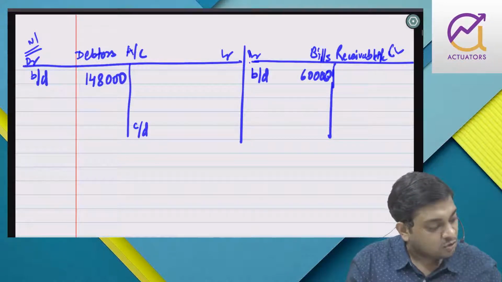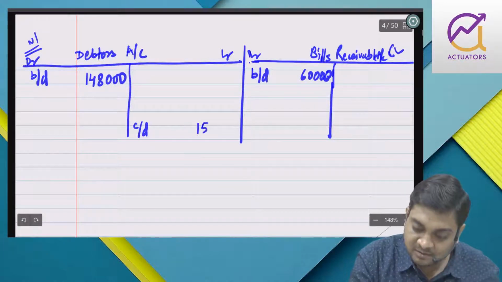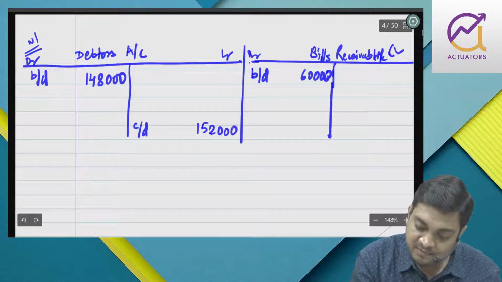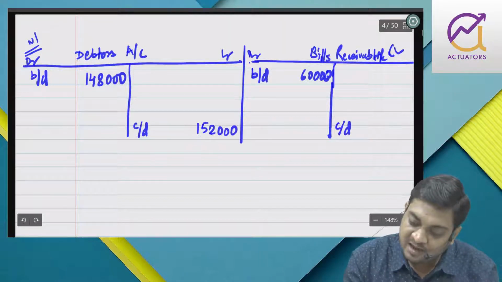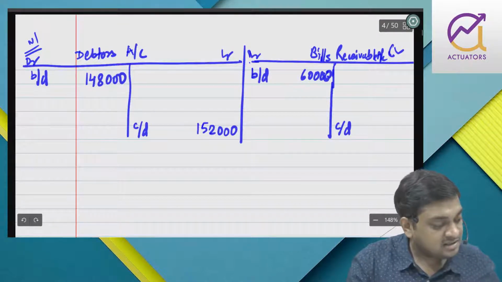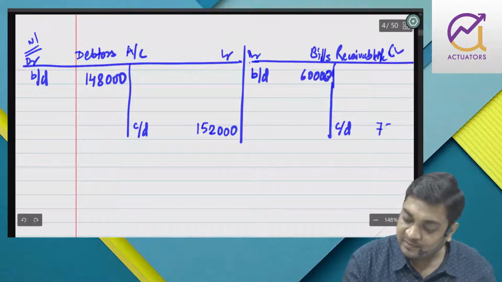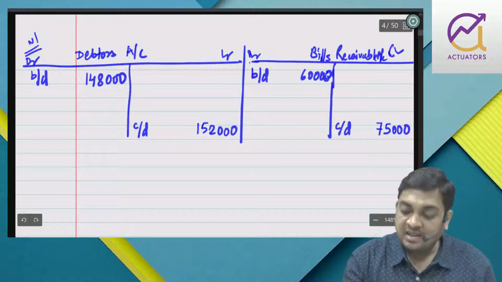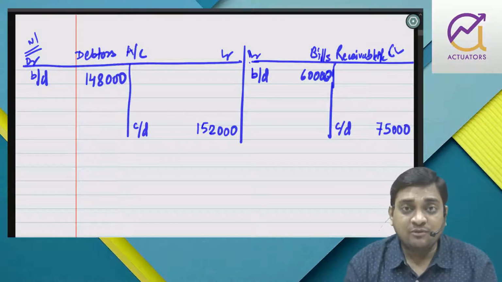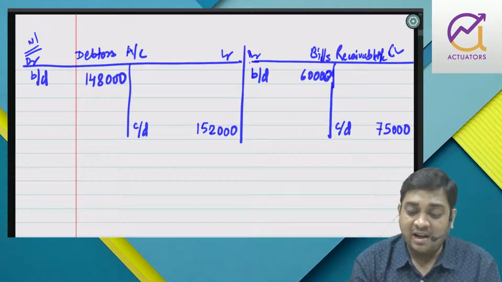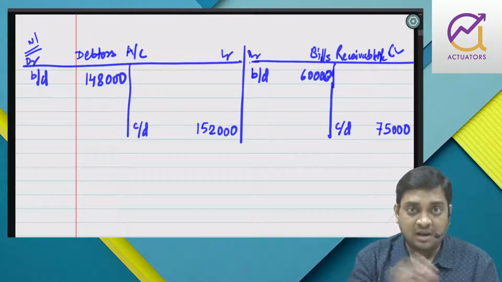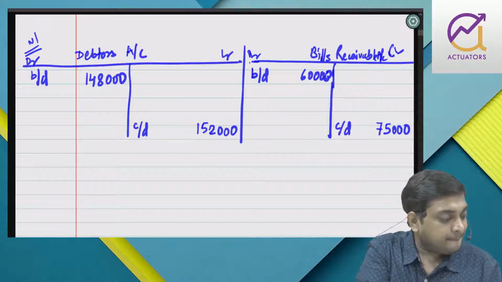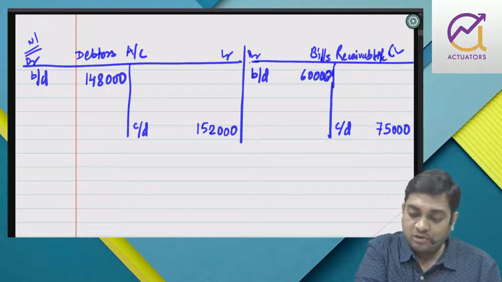What is debtors closing balance? 1,52,000. And bills receivable closing balance is 75,000. Since I am preparing these two accounts, I have to put only information which is required to complete these two accounts. No other account I will prepare. So I put up the opening and the closing balances.